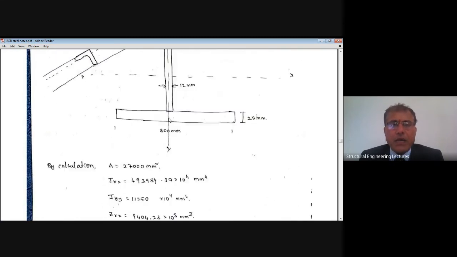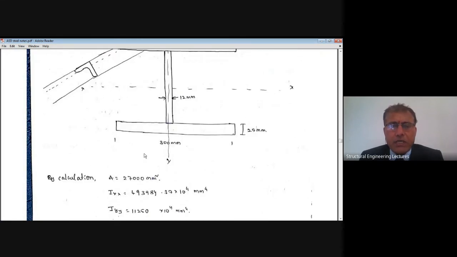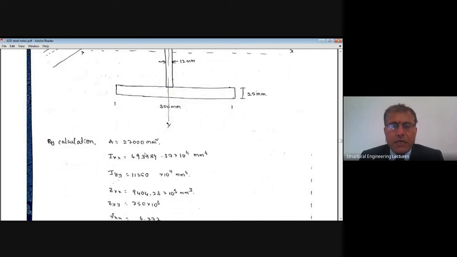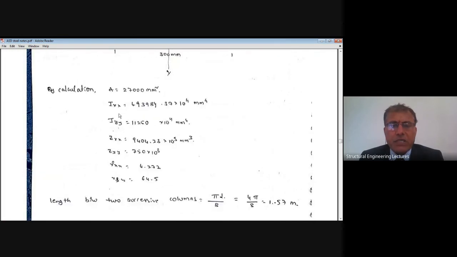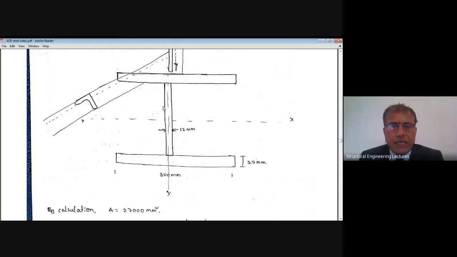Now you can calculate what is the area provided. Hence I can check that the area provided is equal to 27,000 mm square. We were also looking for 27,000 mm square. Hence, okay, this is equal to 27,000 mm square. Now, because it's a symmetric I section, the neutral axis lies at the mid depth, 500 plus 25, 525 from the top of this.